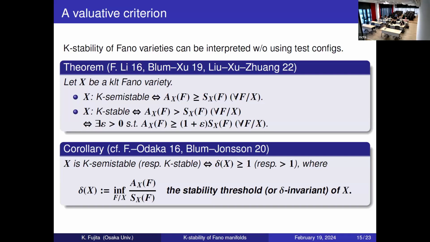And I will explain later that if a reductive algebraic group G acts, then we only need to check all F that are G-invariant. But in any case, a priori, we must consider infinitely many F. So the problem cannot be highly simplified in general.